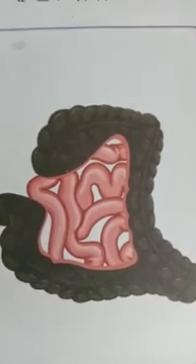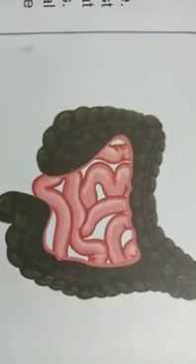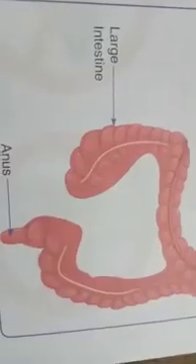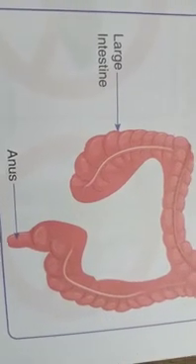The essential nutrients from the food are absorbed into the blood and sent to all parts of our body. Okay, children. So the last ones are the large intestine and anus.